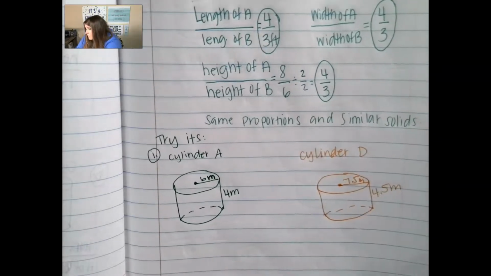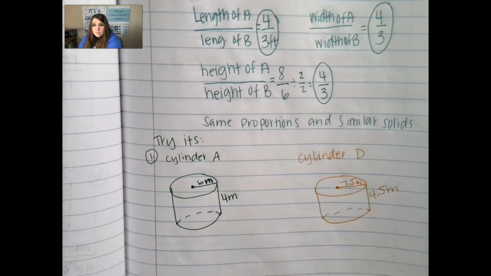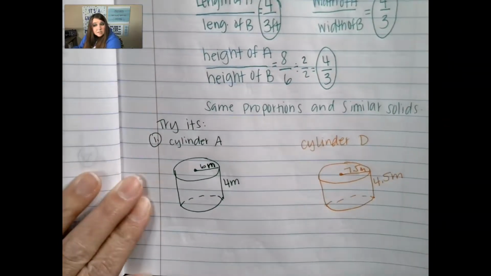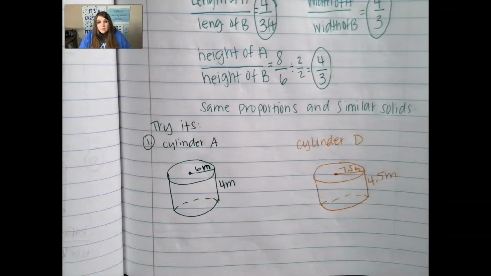Okay, it is your job now to tell me, are these two similar solids? They look different, their dimensions are different, but is their change the same? All right, so go ahead and hit pause right now so you don't hear me solving, and then come on back.